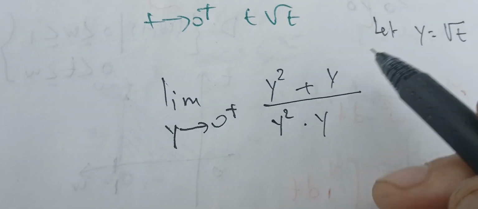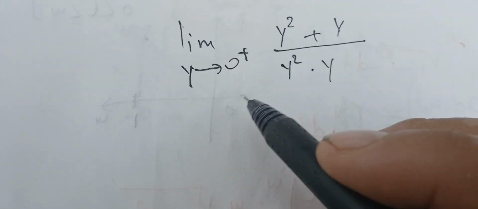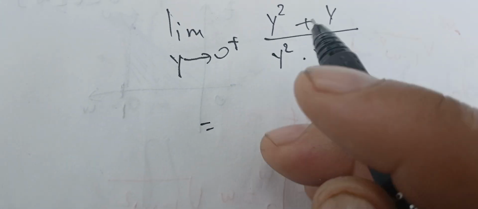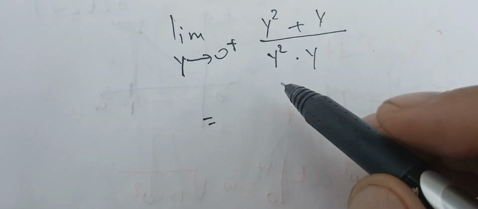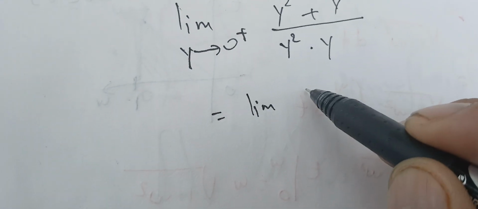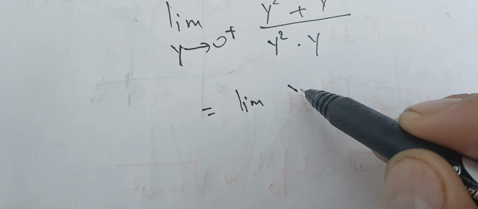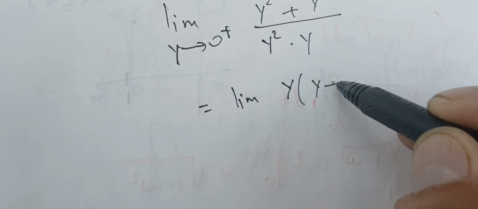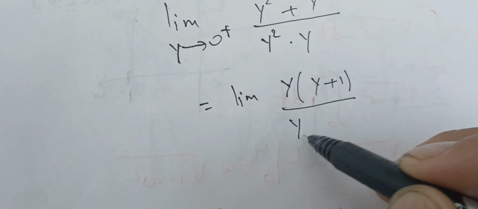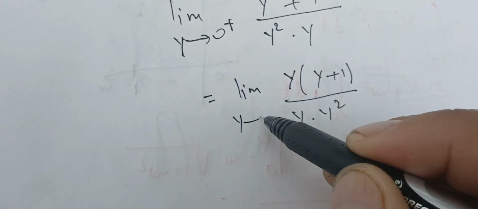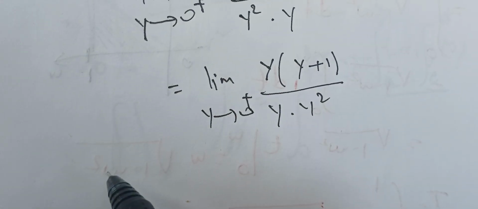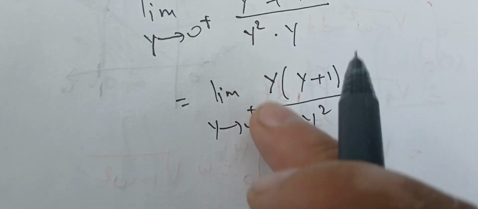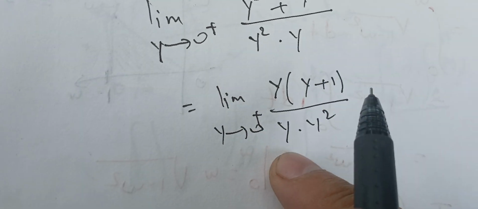We can simplify this one more time by writing it as the limit of y times y plus 1, over y times y squared, as y goes to 0 from the right. We can simplify by this y because it's not 0.